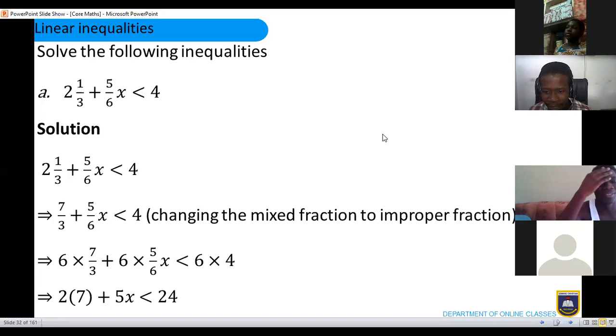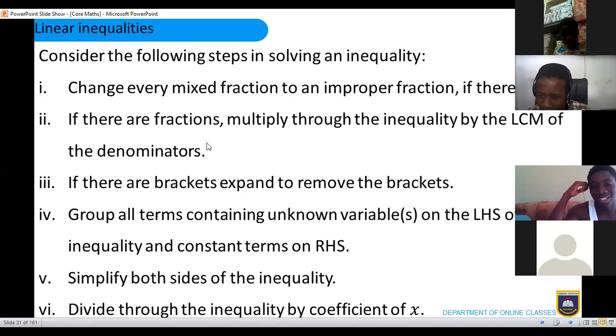Dieudonné Fiati, what is an improper fraction? Their fractions, where their denominators are higher than the denominator. I can't hear you good.